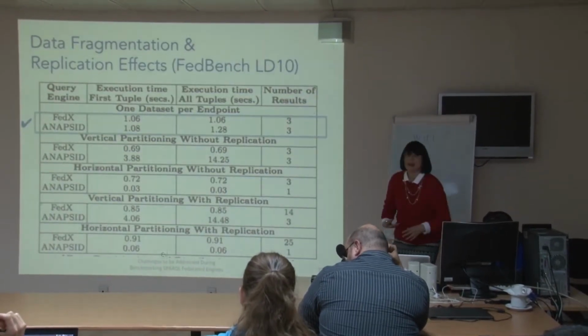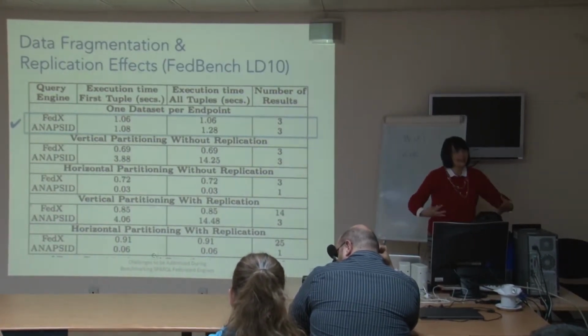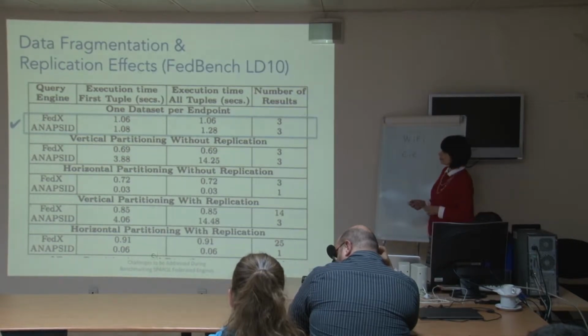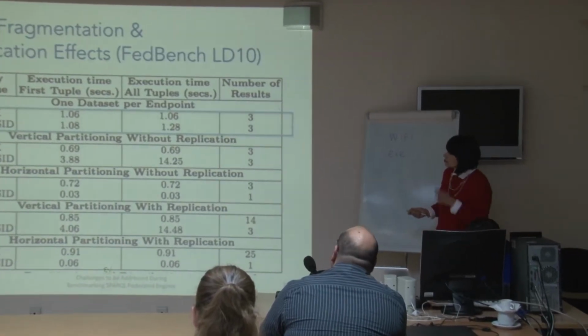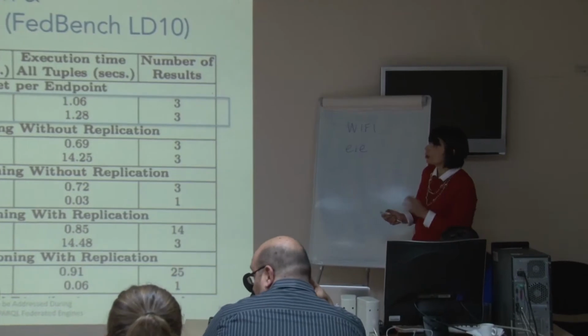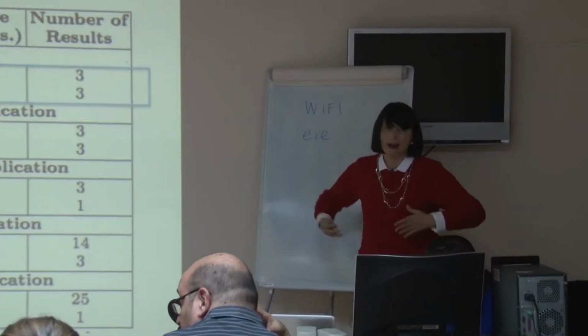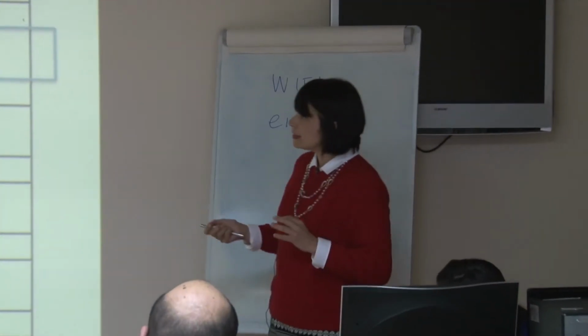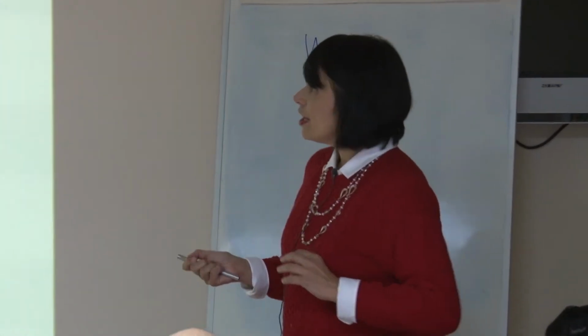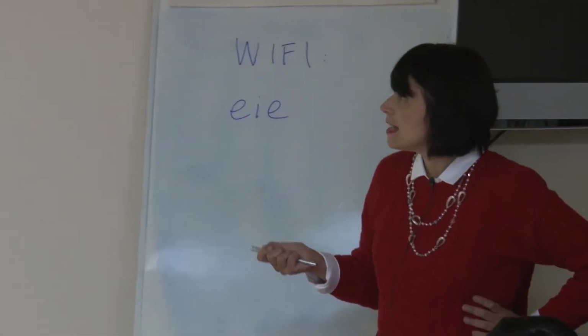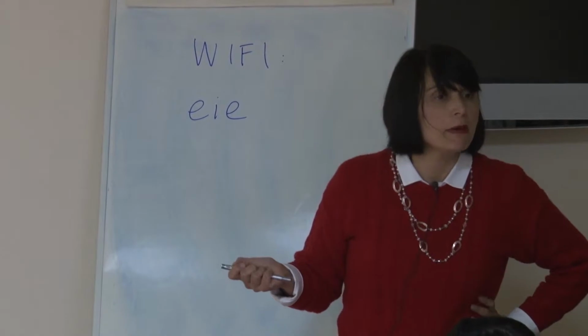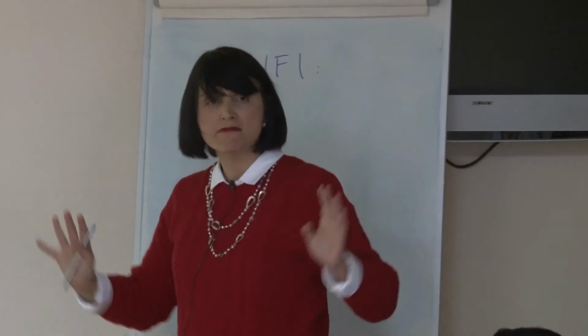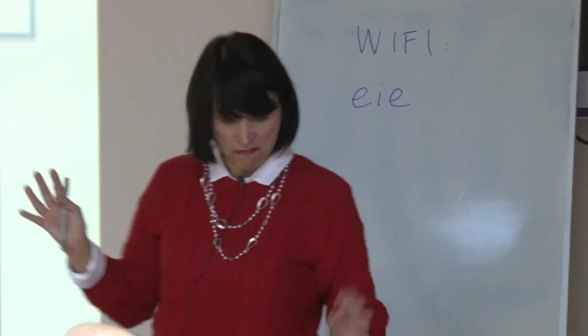So what are the results of running experiments against these 4 configurations? So suppose we have one endpoint with all the data, and we consider only FedEx and ASIP. In this case, the 2 engines exhibit similar performance. So we will say that the 2 engines are equally the same.